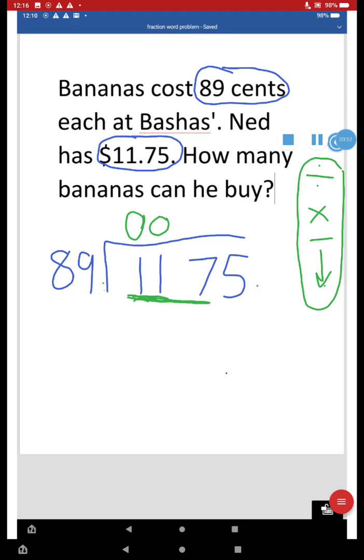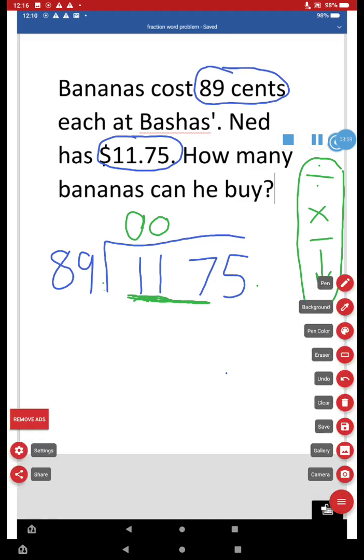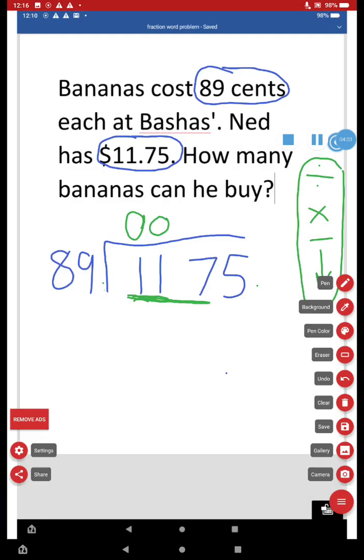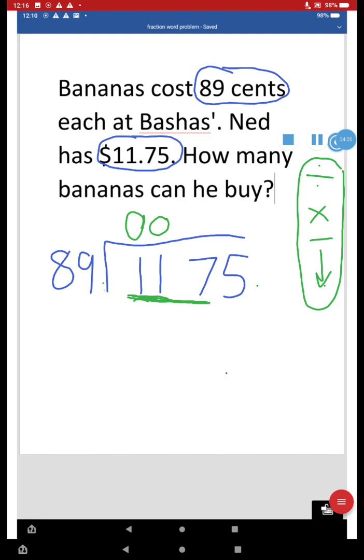So here's what we're going to do. At the bottom of our paper, I'm going to switch colors, and we're going to do a little bit of something called guess and check. Right? So let's do 89, and let's just double it, times 2. And let's see what that gets us. All right, ready? Let's do some two-step multiplication. 2 times 9 is 16, carry the 1. Nope, that's not right.